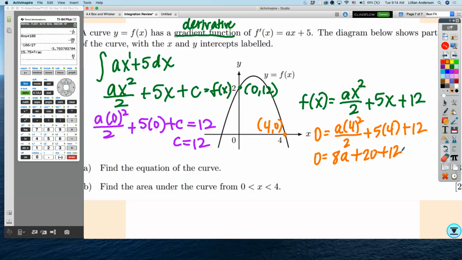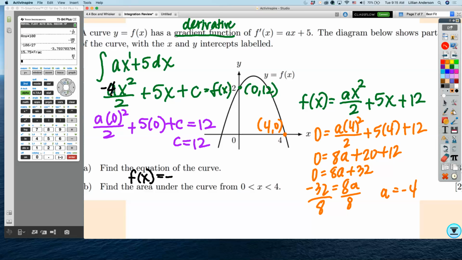What's 20 plus 12? 32. So subtract 32 from both sides, divide both sides by 8, and a is what? -4. So my equation of the curve is -4/2 x squared. What's -4/2? -2. -2x squared plus 5x plus 12.